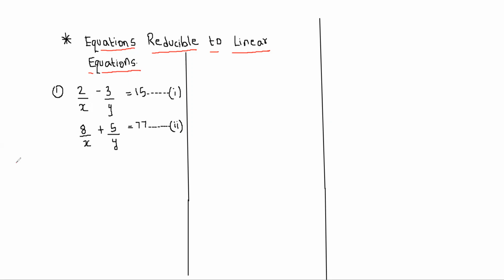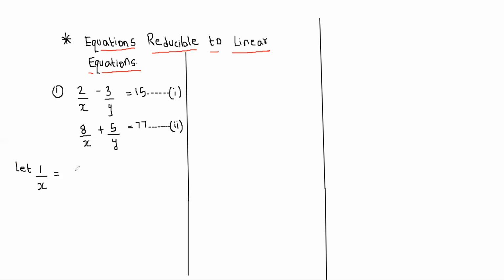So we are going to assume, let 1 upon x, the denominator 1 upon x, equal to any other alphabet.